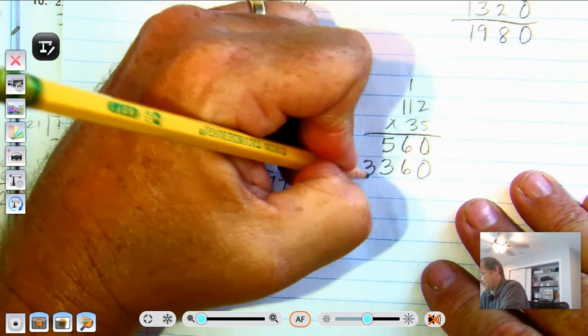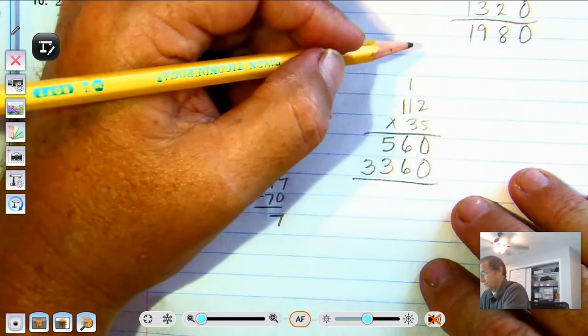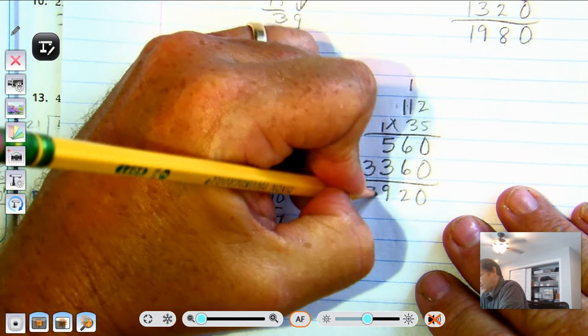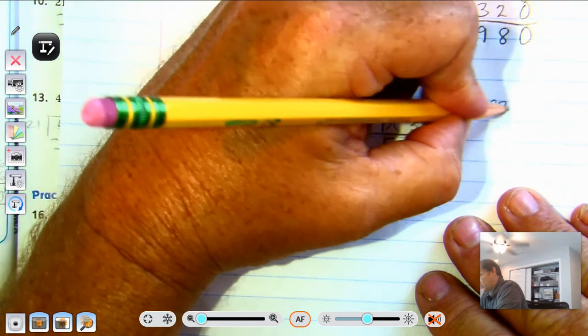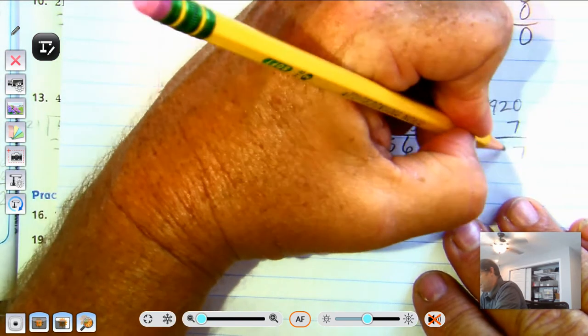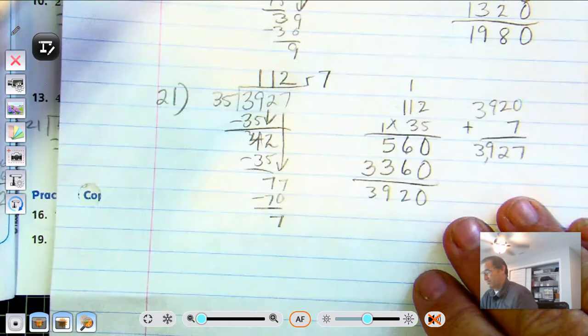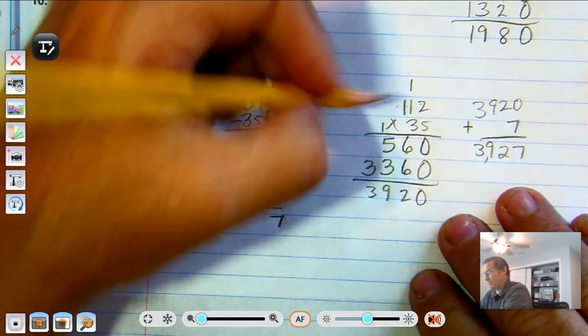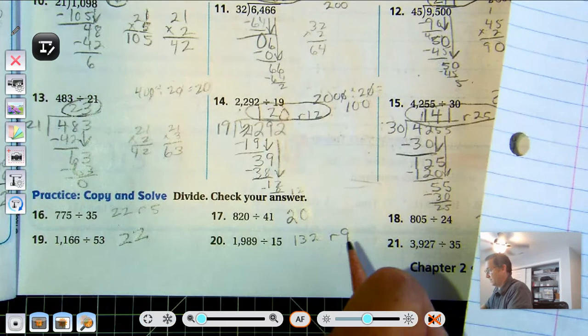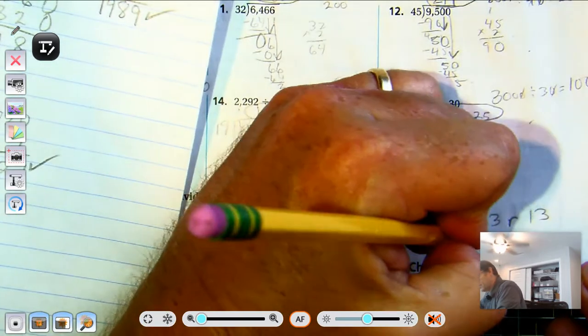And 30 times 100 is 3,000. So we're at 3,920. And there was a remainder of 7. 3,927 matches. Okay, so our answer is 112, remainder 7.